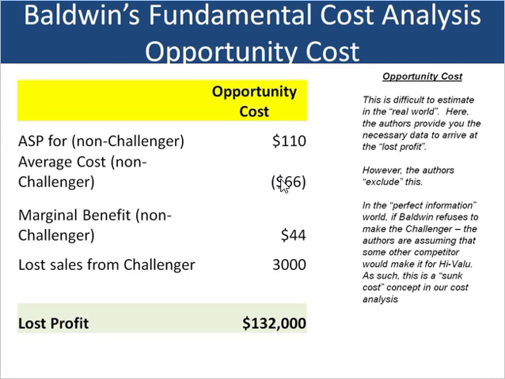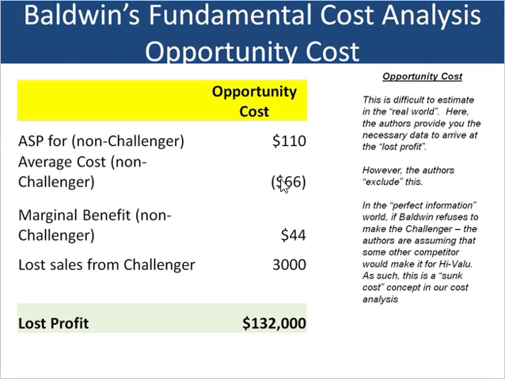So the marginal benefit is $44. And the lost sales from challenger store from making challenger bikes is about 3,000. So the lost profit here is 44 times the 3,000. That is $132,000.